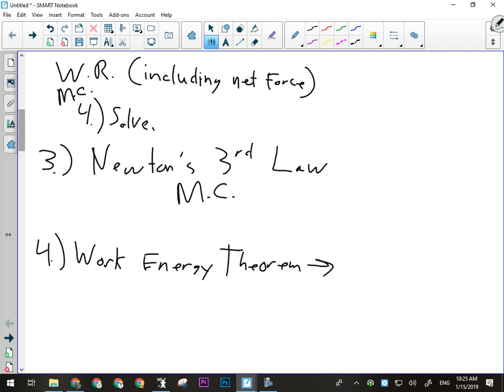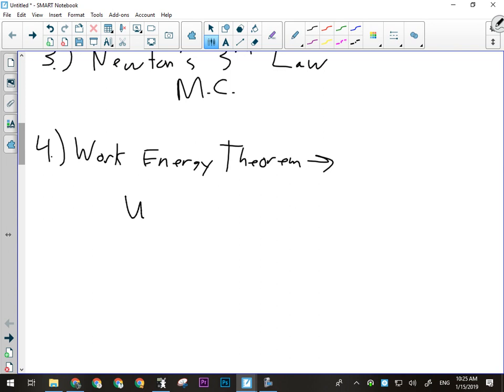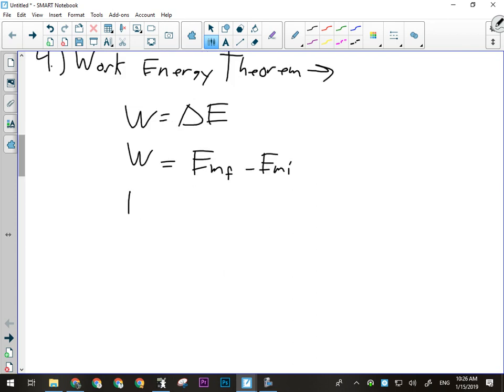So what we have to remember is the work energy theorem mathematically stated: work is a change in mechanical energy. That means work is mechanical energy final minus mechanical energy initial, which oftentimes came out like this.